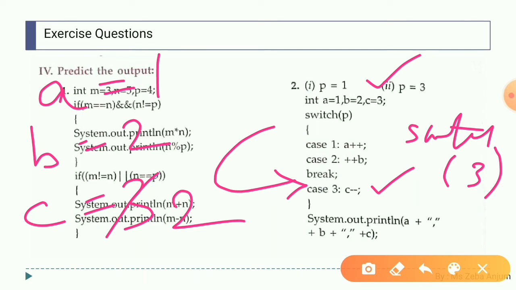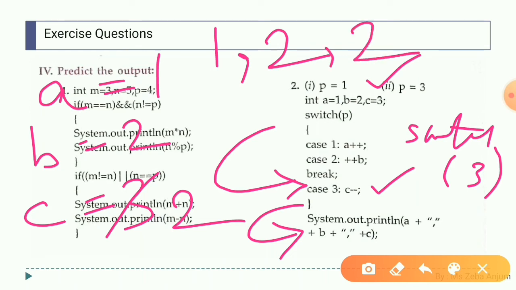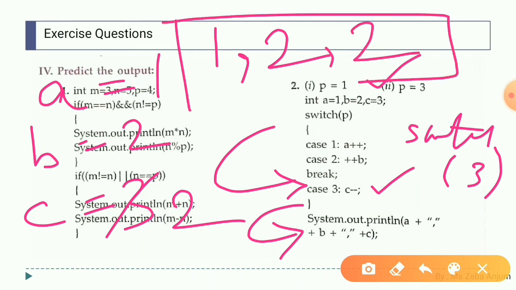It is going to be decremented by 1. Now we are not having any other cases after that, so it will come out of the switch. Again we are having System.out.println, the value of a was 1, then comma, the value of b was 2, then again comma, the value of c was now 2. So this is the output for your second part when p equals 3.